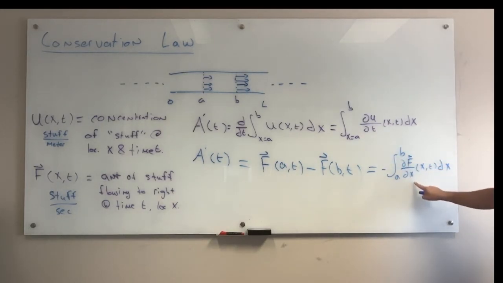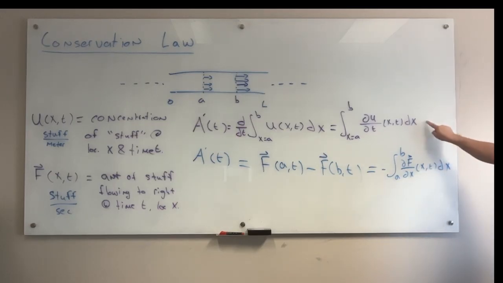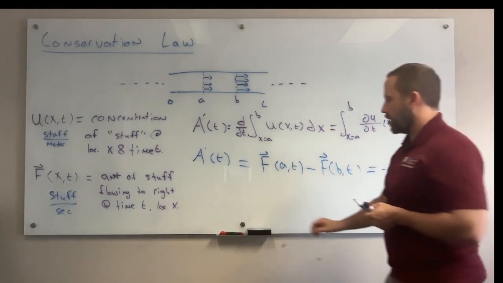We take the x derivative, that's stuff per second per meter. We multiply by dx, which has units of meters, and overall this now has units of stuff per second, which is what we needed to have. Okay, now notice what we're saying. We're saying that these two things are equal to each other. Okay, and I'm going to write that this purple integral is equal to that blue integral. And I'm going to erase all of this and just write that down again.